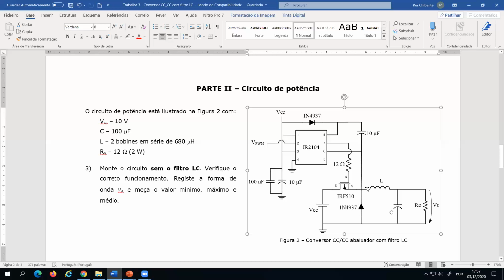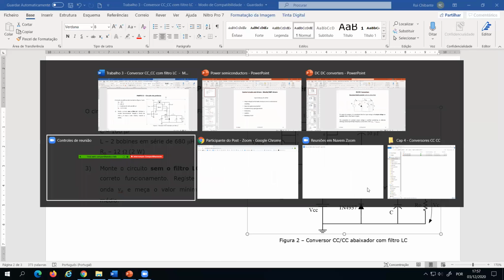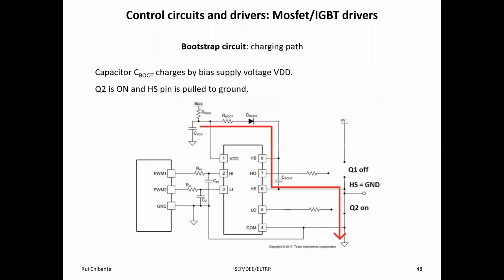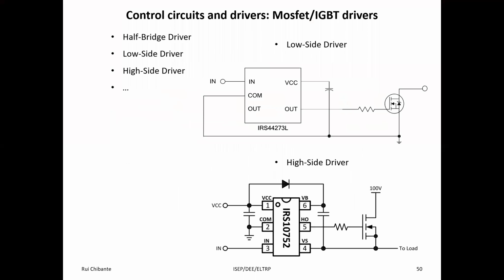So that's why we have different kinds of drivers. We call them low side drivers. Low side drivers, okay, when the 0 of the power part is the same as the control part.